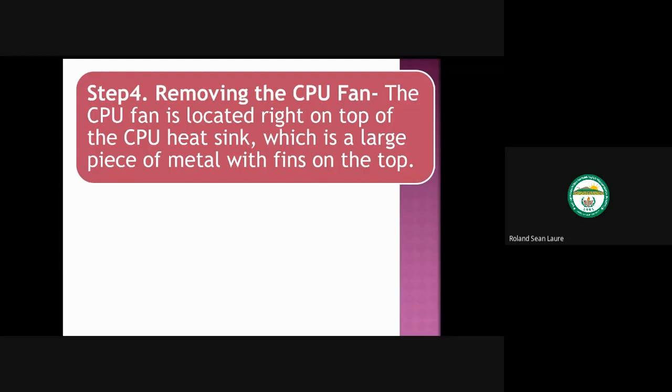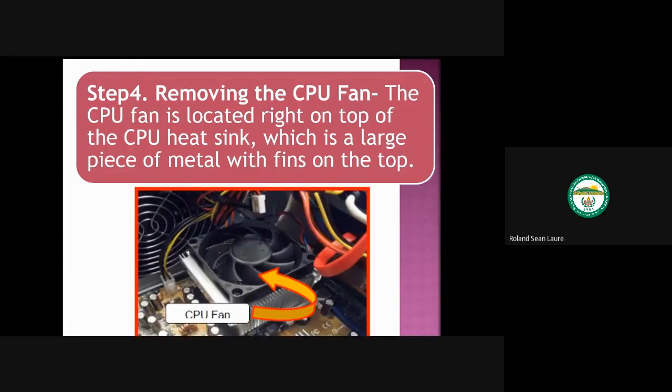The CPU fan is located right on top of the CPU heatsink, which is the large piece of metal with pins on the top. If you saw it in the picture, okay. So, CPU fan, top of the heatsink.